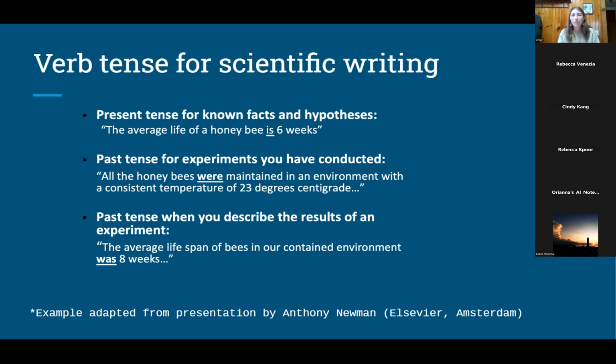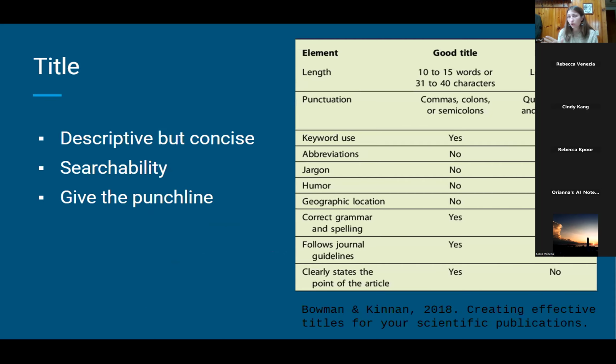And like I said, this kind of aligns with your abstracts, obviously, when you're talking about background, methods, results. But this is similar to how you should structure it when you're writing your research papers as well. So tense can be tricky, but definitely keep an eye out for that and make sure to revise based on that.